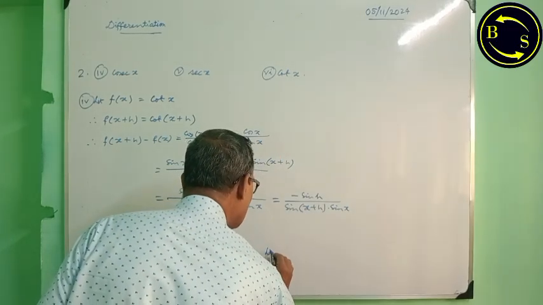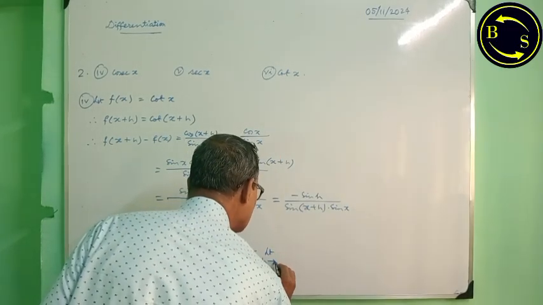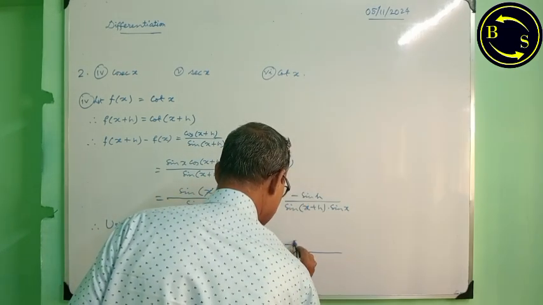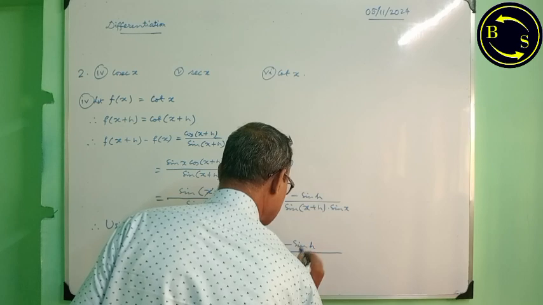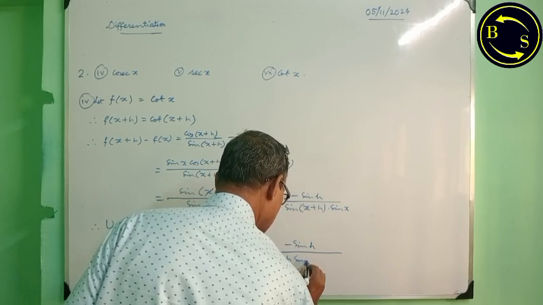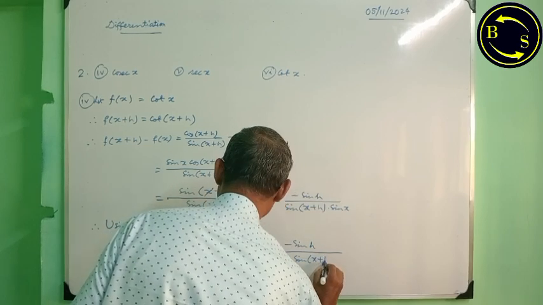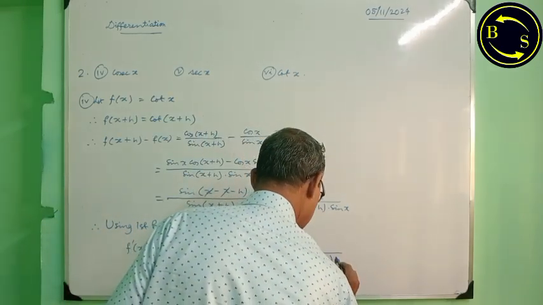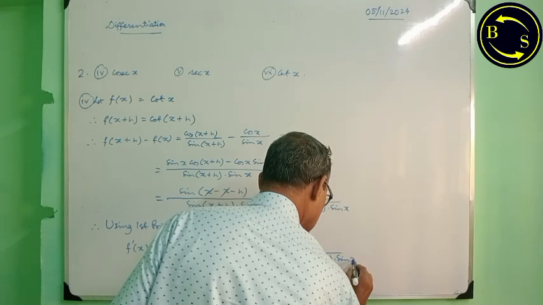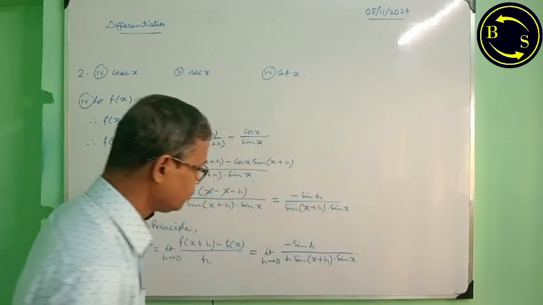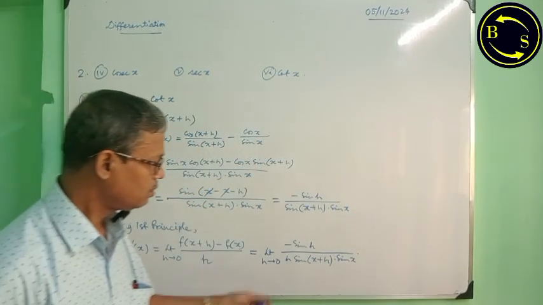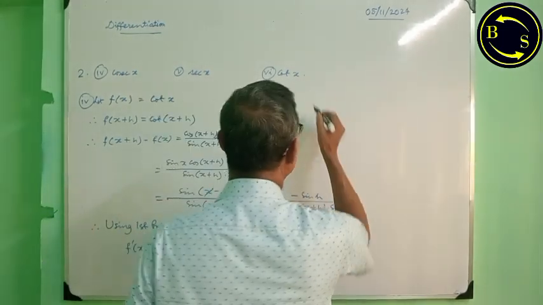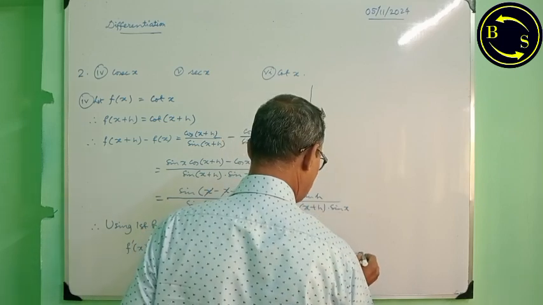Limit h tends to 0 of minus sin h by sin of x plus h into sin x. Now you see sin h by h there, therefore we are getting the standard limit.